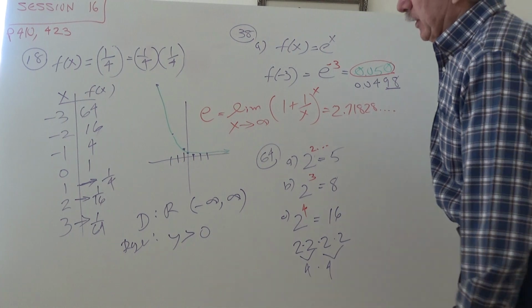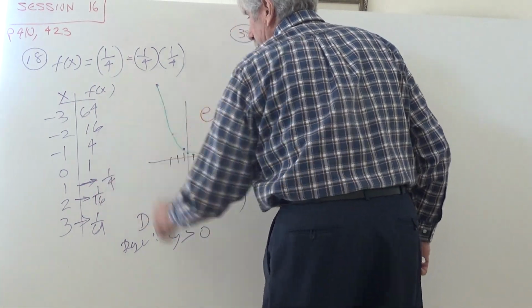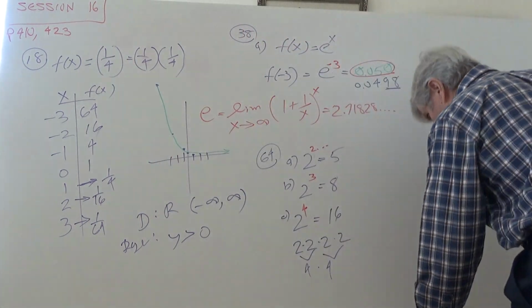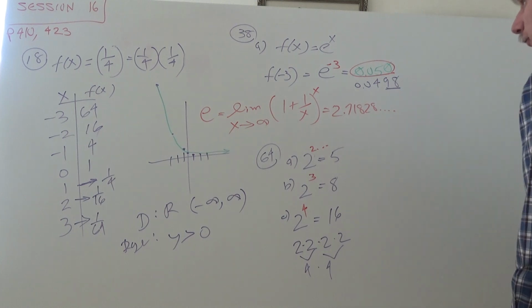What we're looking at, we talked about putting a 1 in here to get f of 1 as 1/4. We're going to look then at putting in a 2 there.